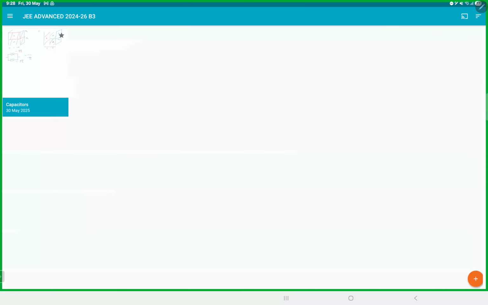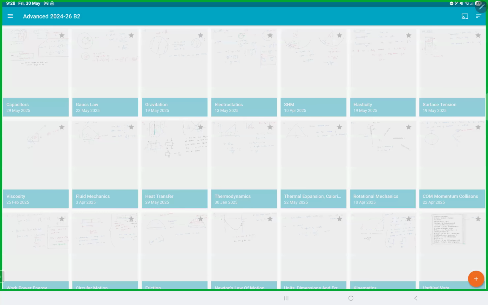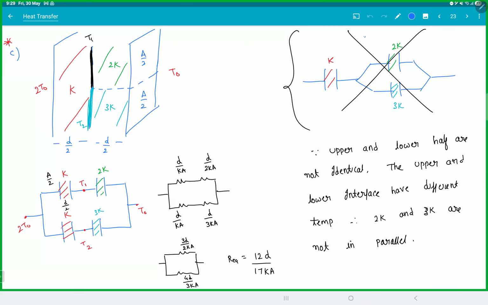In case you forgot this concept, you should go back to heat transfer. This we did in pretty much detail, if you remember. Remember what the concept is? The upper interface and the lower interface are not identical. Since they are not identical, they won't have the same potential, and therefore they won't have the same potential difference.